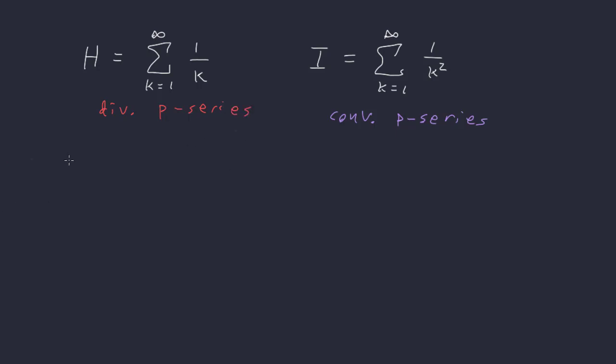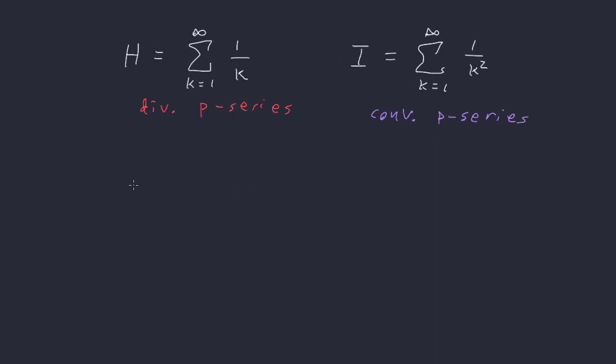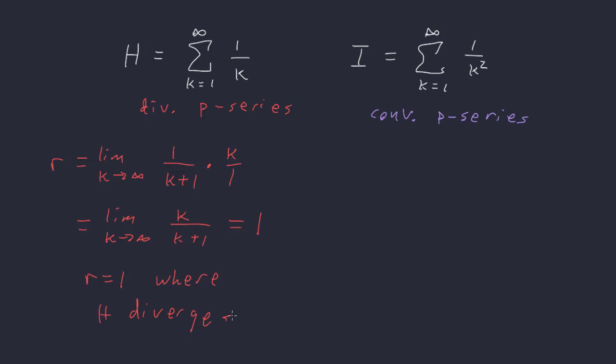Now, if we were to use the ratio test on these, if we calculated our r, so for this one, we'd have the limit as k goes to infinity of the k plus 1 term times the k term flipped over. Well, nothing really cancels, and we get k over k plus 1. The limit as k goes to infinity, so that's just 1. So this is an r equals 1 case where h diverges. And you might think that's the end of the story.